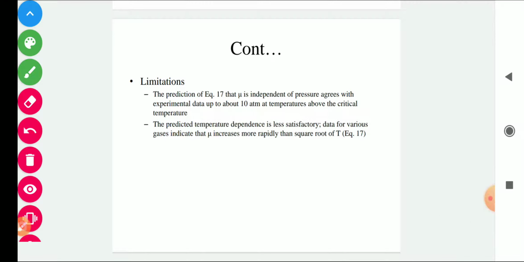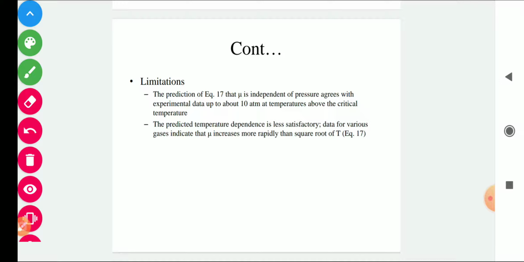So this was the derivation of the viscosity of a gas at low density using the molecular theory of gases, but this theory has some limitations.